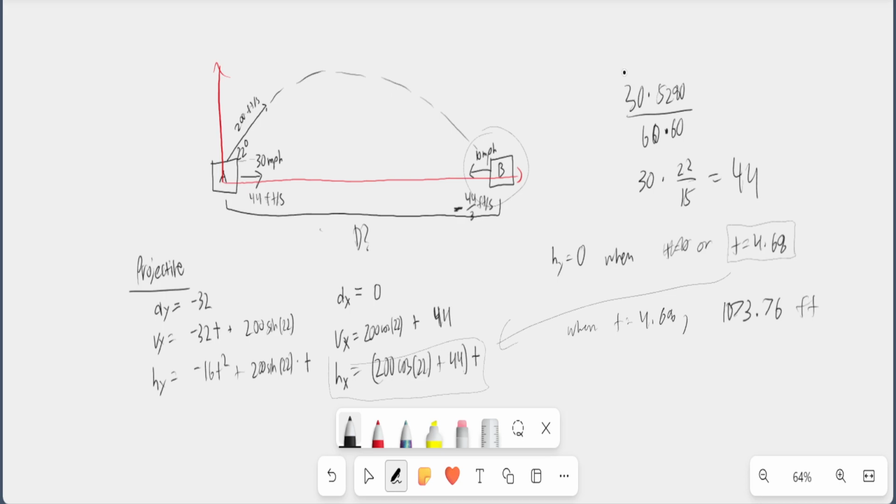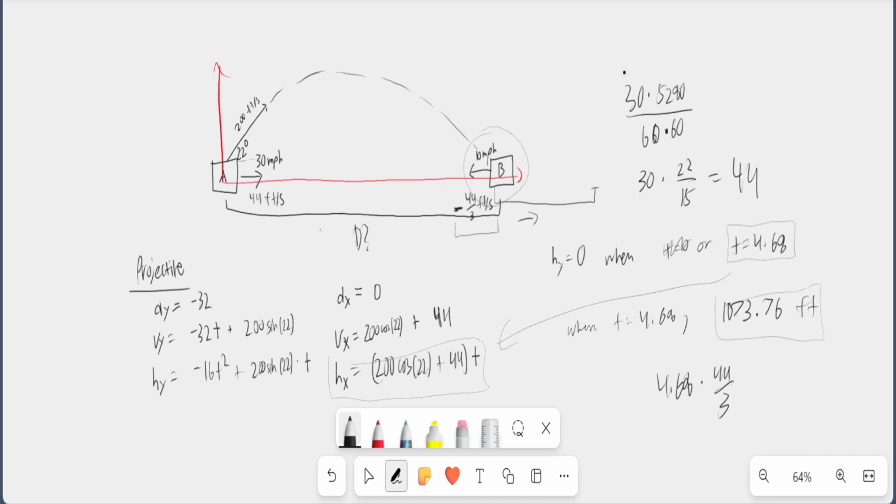Okay, so it took 4.68 seconds for that projectile to go to this value, right? But this car is moving while the projectile's in the air, right? So we need to move this car back so that at 4.68 seconds it's at that spot. And if this car is moving 44 over 3 feet per second, we just need to move it 4.68 times 44 over 3 in this direction, right?